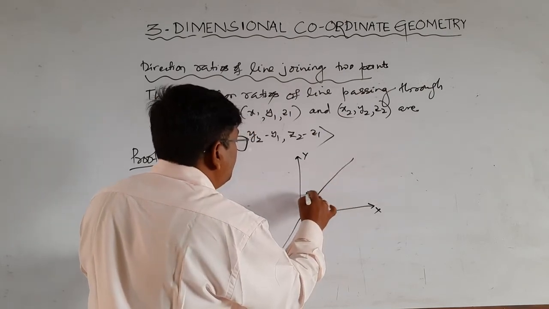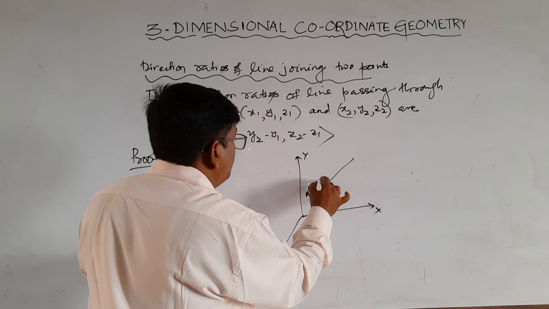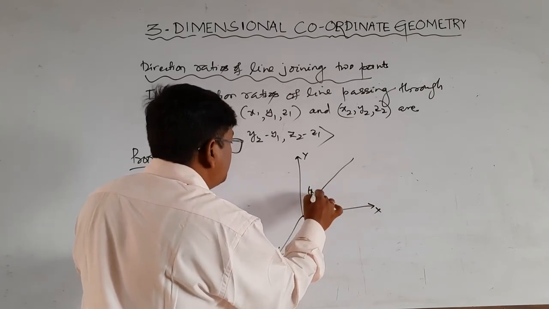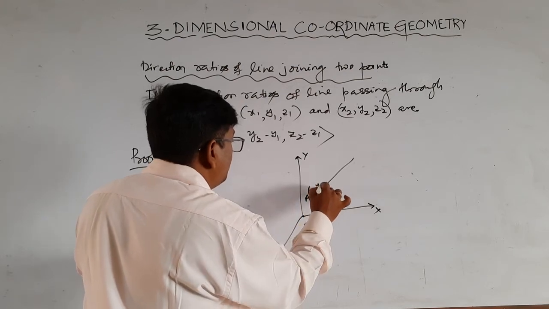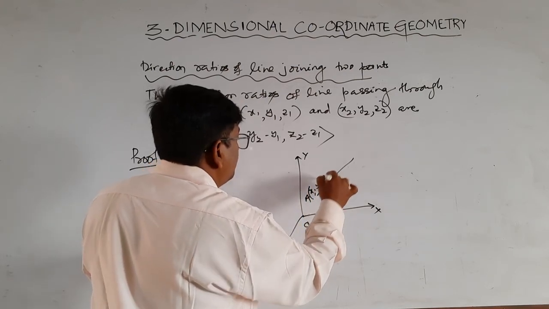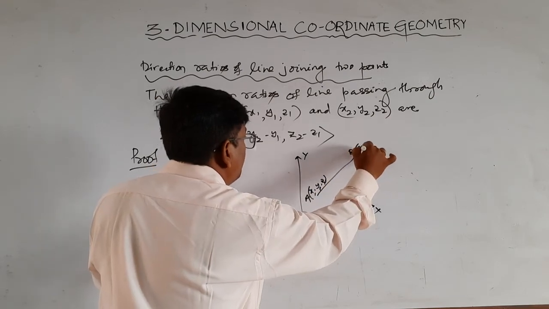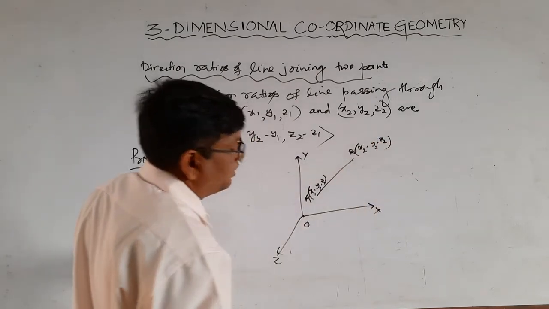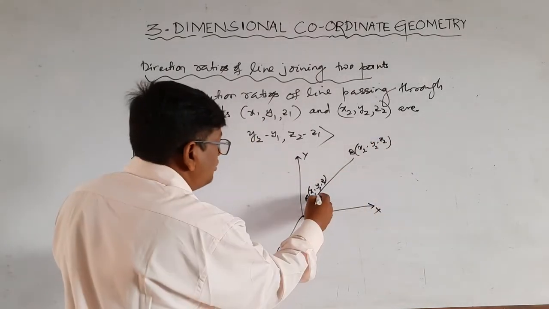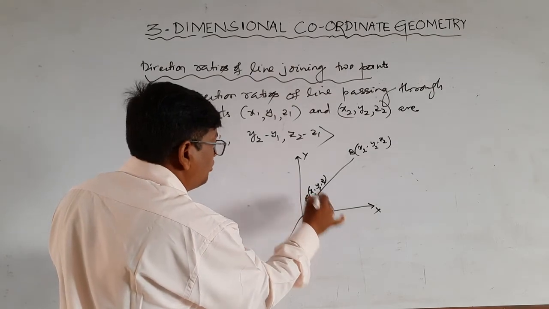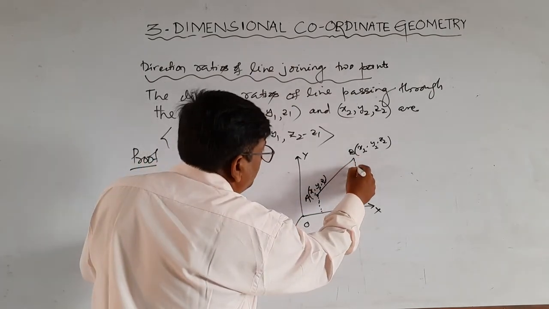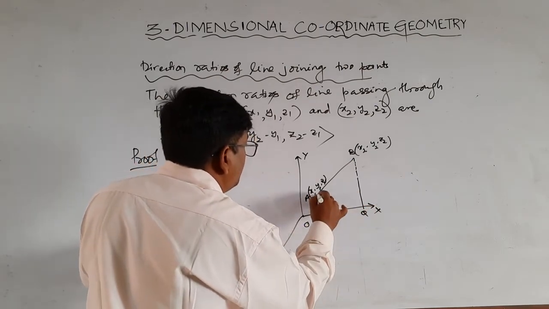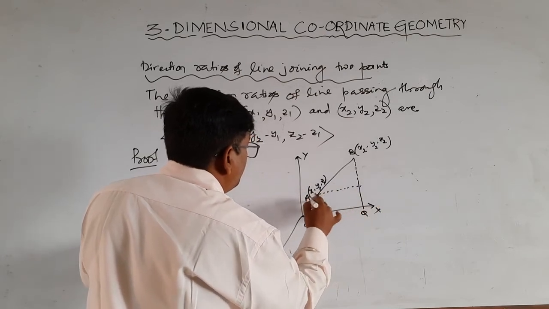This is A, x1, y1, z1, and B, x2, y2 and z2. Clear? Draw the perpendicular here. So this is PQ, suppose, and this is MN. This is M.